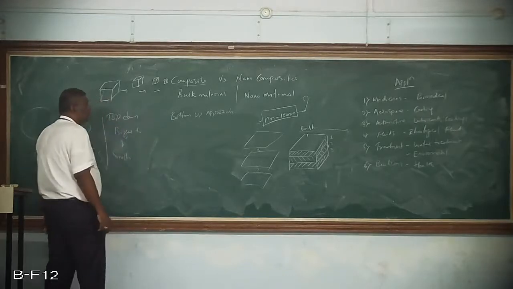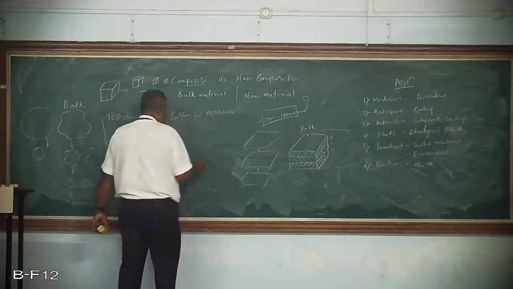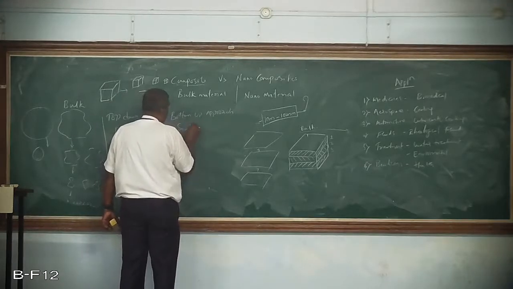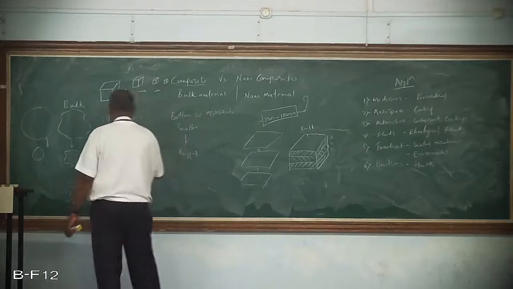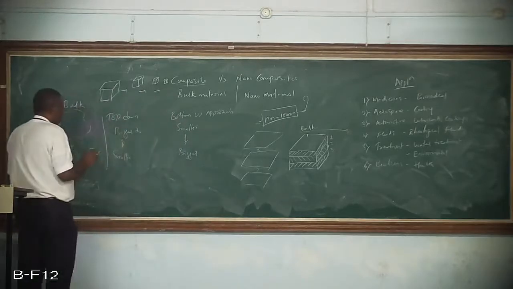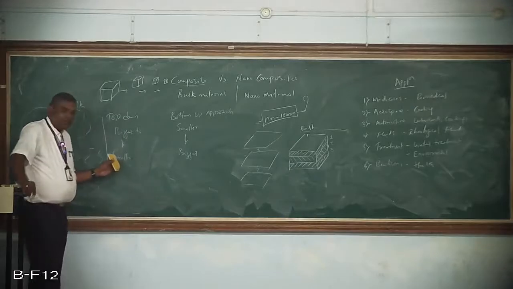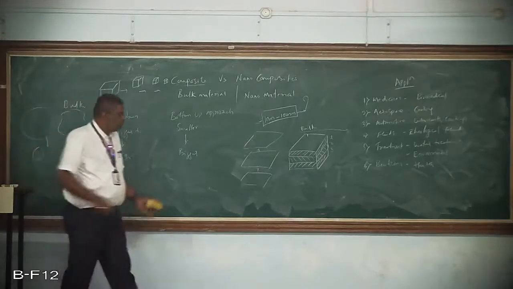The bottom-up approach is converting smaller to bigger. Now let us see here. Initially it will be a bulk material, then it is converted to smaller size. Now let us see.